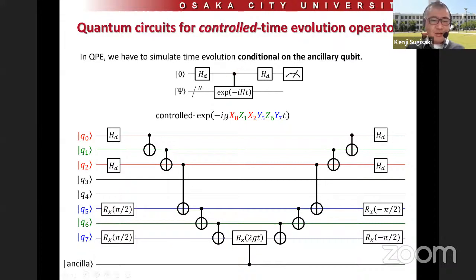So if the ancillary qubit is in the 0 state, it corresponds to the removal of this RCJ. So if we remove this RCJ, the resultant circuit becomes the identity operator. So we can simulate the control time evolution operator by using this kind of quantum circuit.